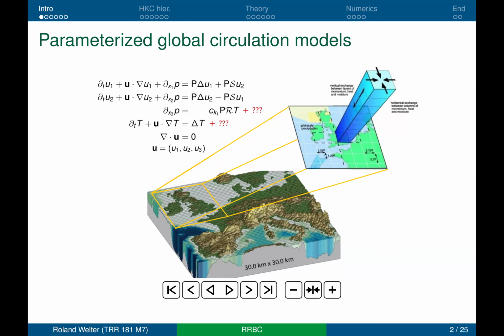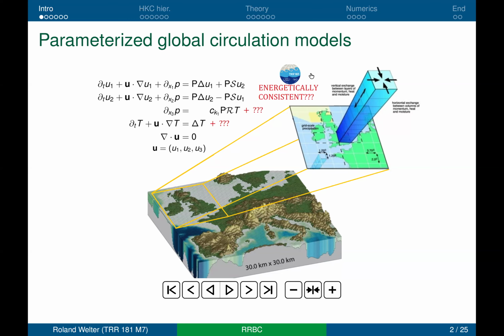In the TRR we are especially concerned about energetically consistent parameterizations. Basically, can we find some terms to add back in so that we aren't having different behavior for the kinetic energy and potential energy than in the full model?